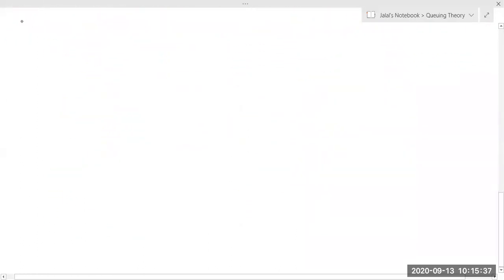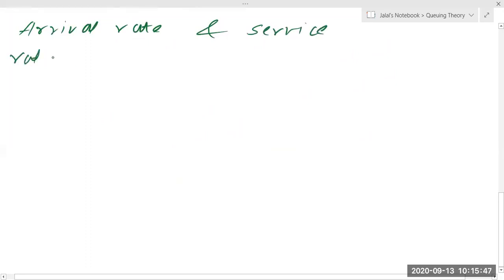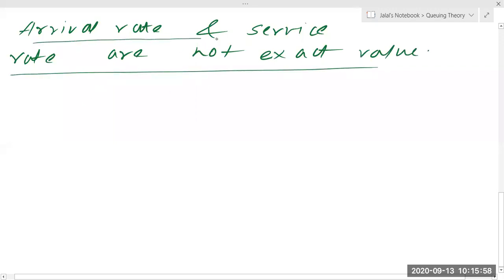The arrival rate and service rate are not exact values, because they are not studied with respect to an hour, but this is an average value across a day or across a month.